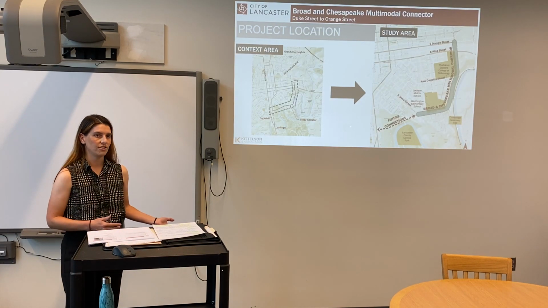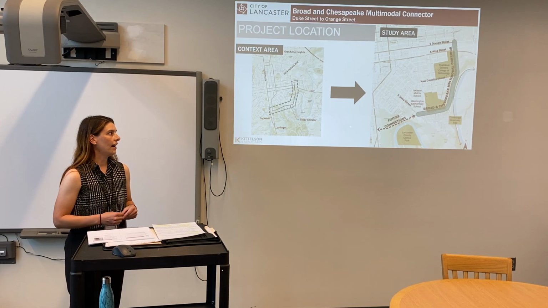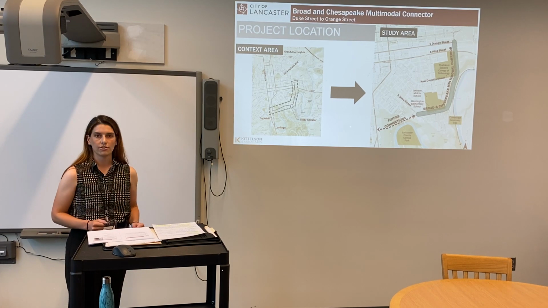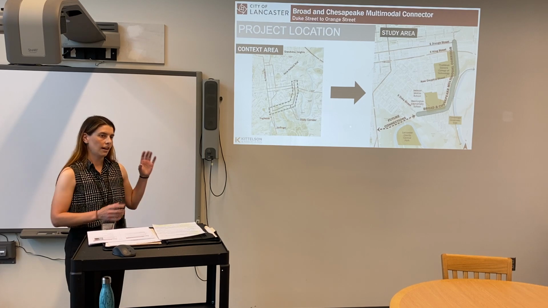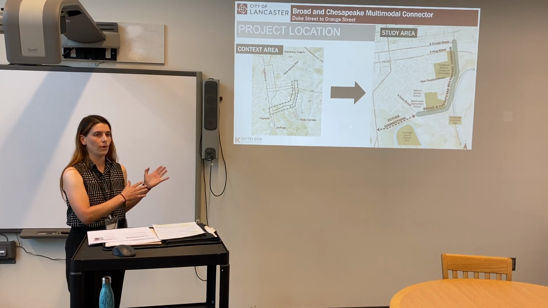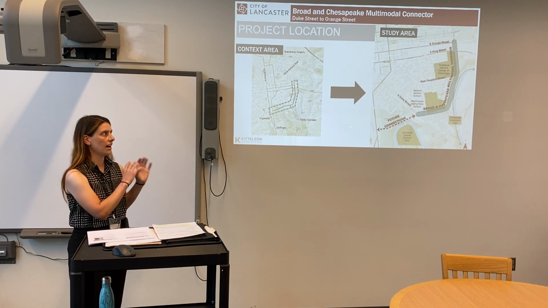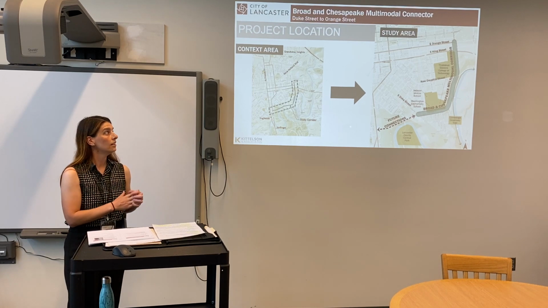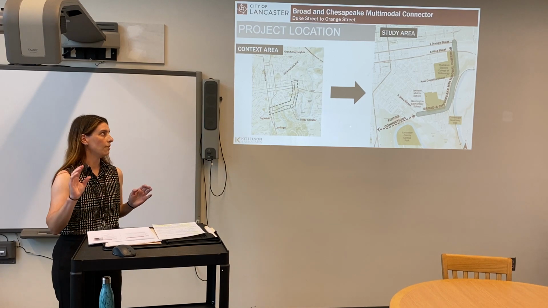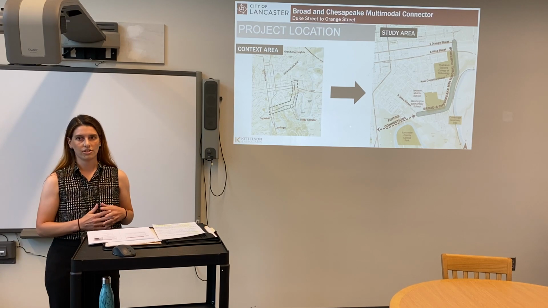Just a recap of the project study area. We start at South Duke Street and Chesapeake Street. This area is the west part of the corridor, and it's highlighted in green on the map on the right. And we are going all the way up to the East Orange Street and North Broad Street intersection.